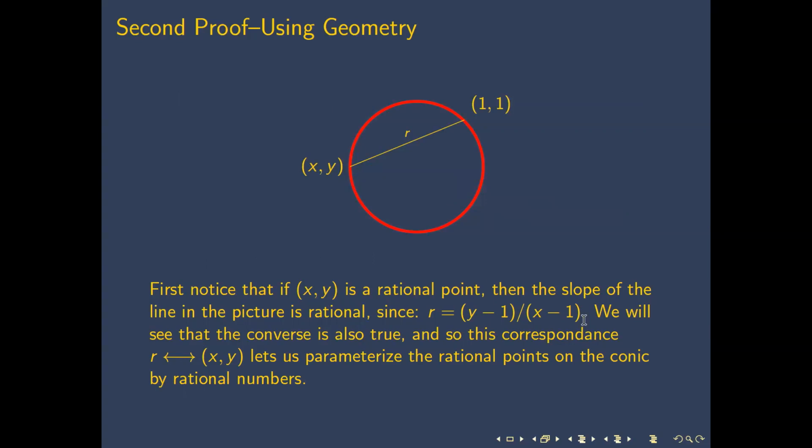And we're going to see the other way around. If this slope is rational, and we start at 1, 1, wherever it intersects this circle, it's going to give us a point with rational coordinates. So we wind up being able to parameterize all the rational points just in terms of the slope.